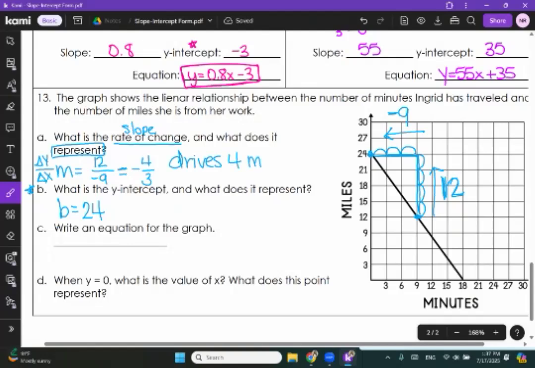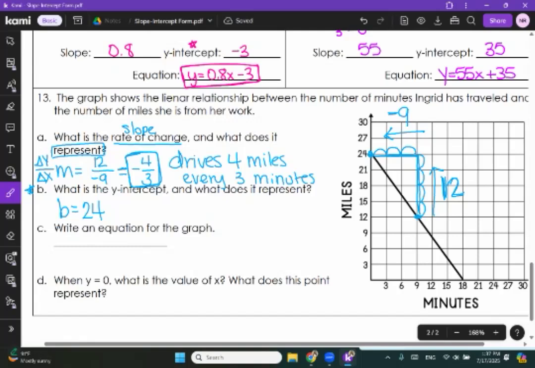So for miles, we can use per, each, or every 3 minutes. Okay. Our slope is negative 4/3, but that means that she is driving 4 miles every 3 minutes. She is 4 miles closer to her destination every 3 minutes.